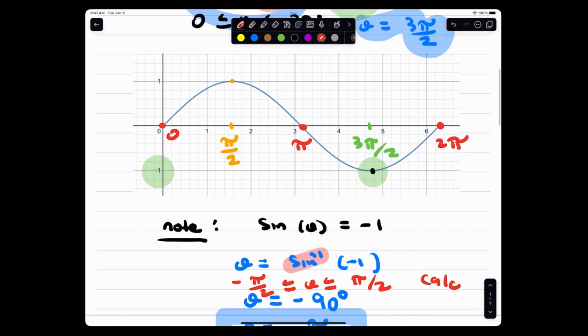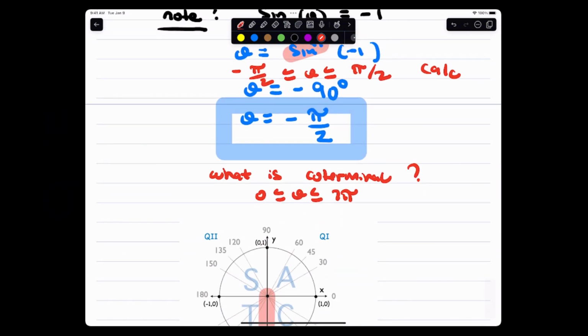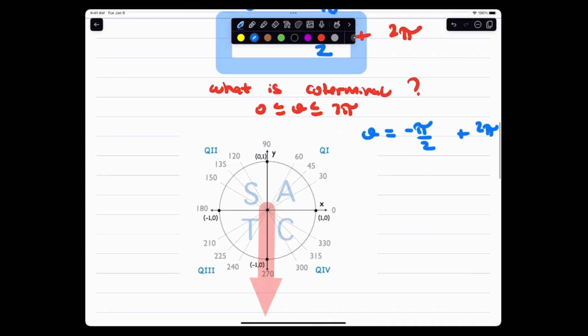So you might say, well, how do we do that? Don't you have to take that angle and then add 2 pi? So you say, I have to do some arithmetic? Yes. So what's -pi/2 plus 2 pi? By now, we've done a lot of arithmetic like this. So what do you think you do now? You multiply top and bottom by 2.